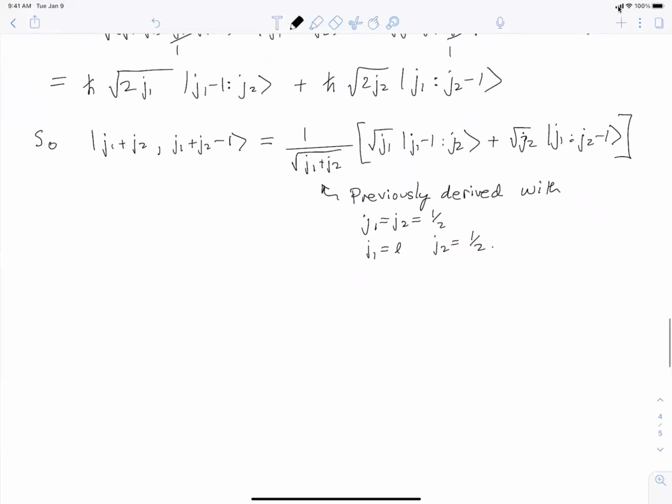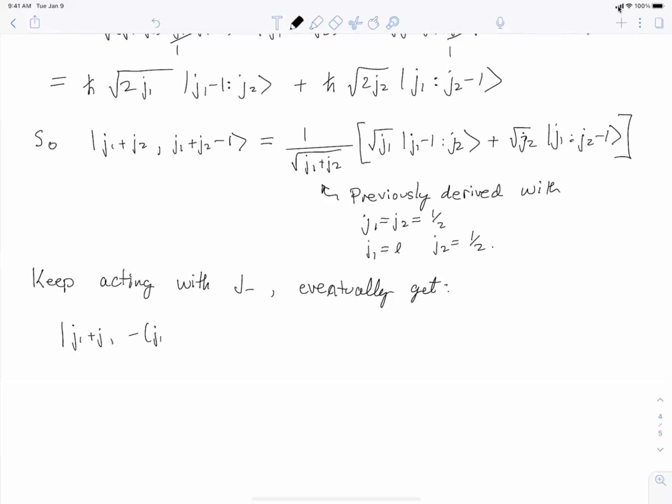And then we're going to do what we did before, which is to keep acting with J minus until we can't do it anymore. And then here's what you eventually must get to. You'll find that the total angular momentum state with J1 + J2, minus (J1 + J2) has to equal minus J1, minus J2.